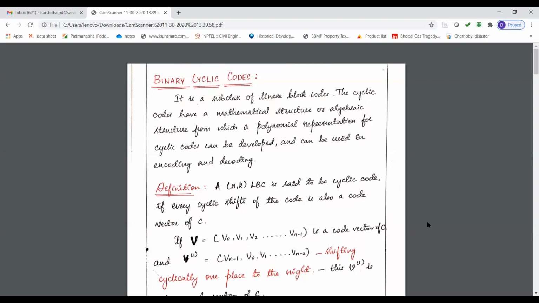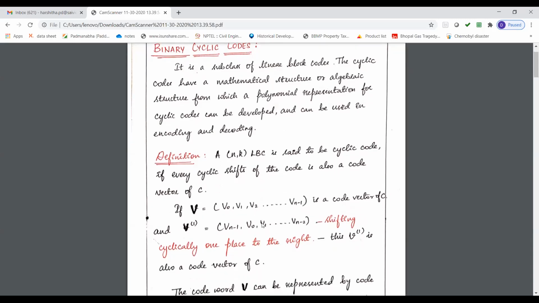Coming to the definition of binary cyclic codes: any linear block code (n, k) is said to be a cyclic code if every right or left cyclic shift of the code is also a code vector of C. For example, let us take a code vector V, given by V0, V1, V2 and so on till Vn-1, which is a code vector of C. Now I'll perform a cyclic shift.